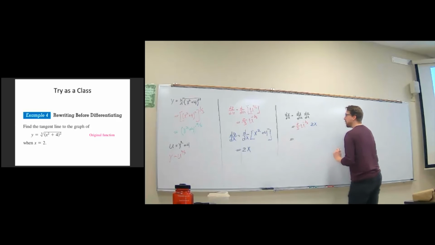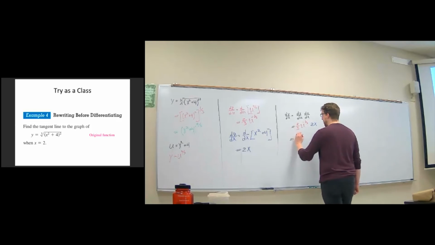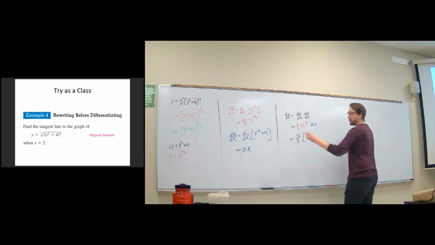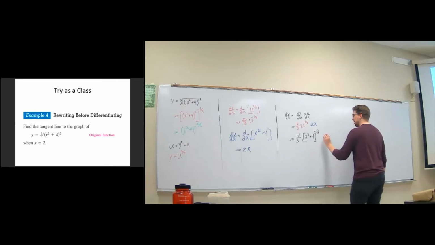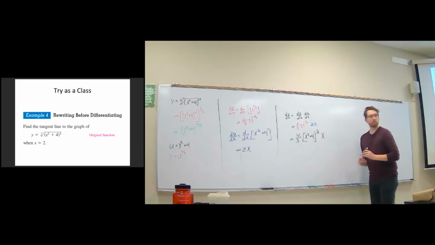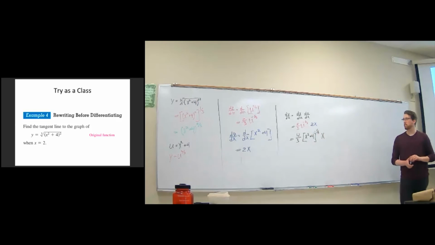Plugging this all together now, 2 multiplied with that 2 is going to give us 4 over 3. U we said was equal to x squared plus 4 raised to the negative 1/3 power times x. And we could write this in a more reduced form if we wanted to, but for right now, let's just leave it as it is.